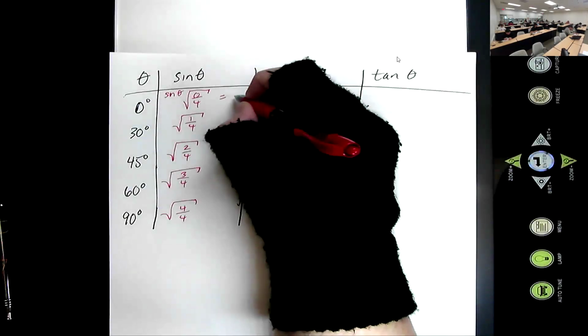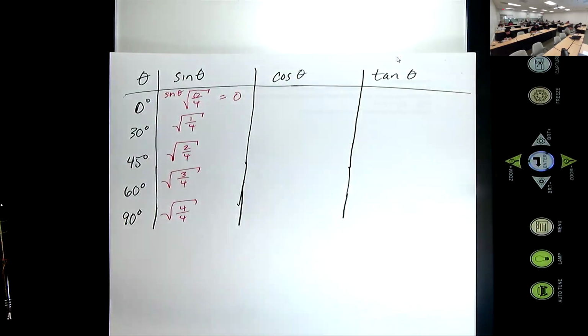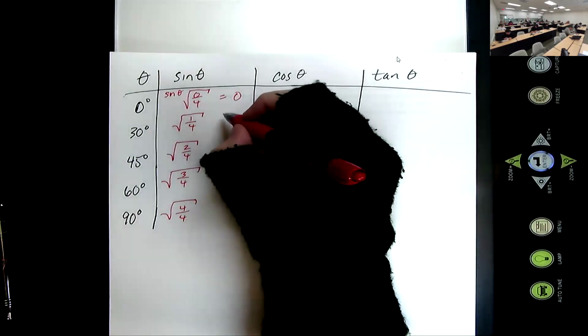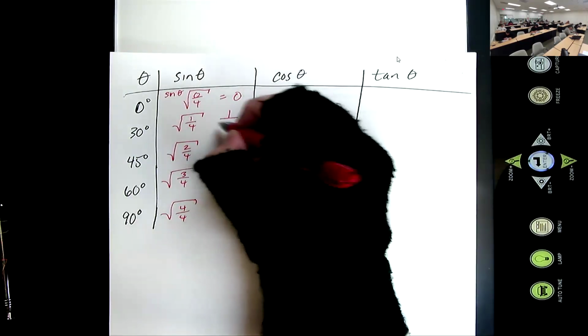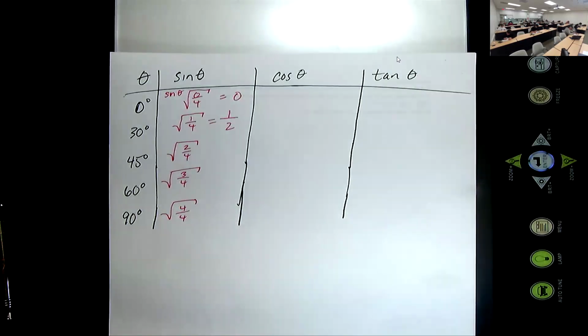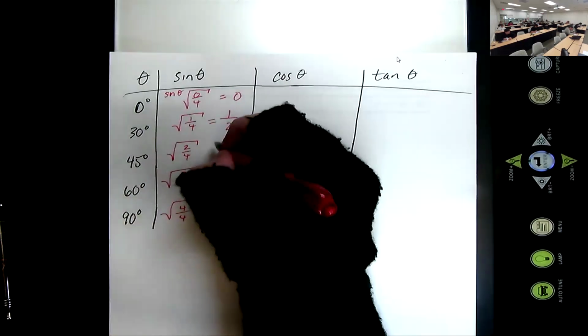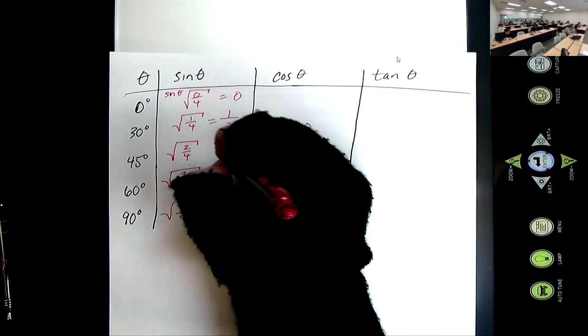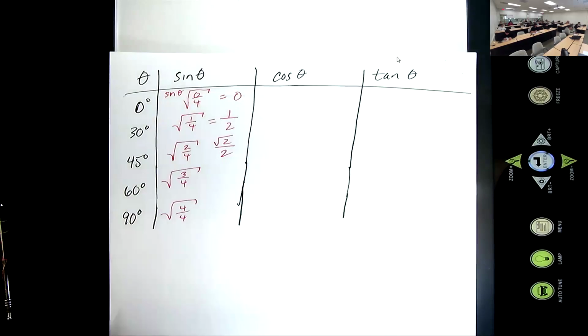0 divided by 4 is 0, and if I take the square root of 0, I just get 0. Square root of 1 is 1, and square root of 4 is 2, so that's 1/2. Square root of 2 doesn't simplify, but the bottom is 2, or square root of 2/4.